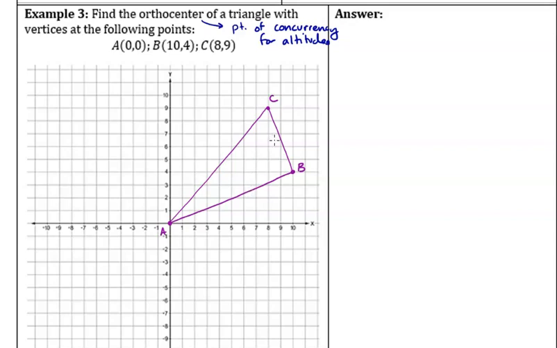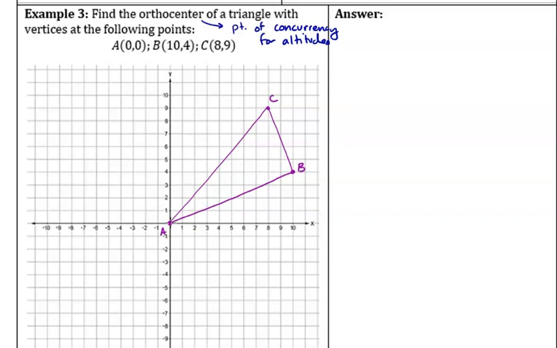So what can we do? Well, we know that the orthocenter is the point of concurrency for the altitudes. We know that each altitude for this triangle is going to start at a vertex, and it's going to go towards the opposite side and make a 90-degree angle, or be perpendicular to it. So if we can find the equation of two of those altitudes, right?